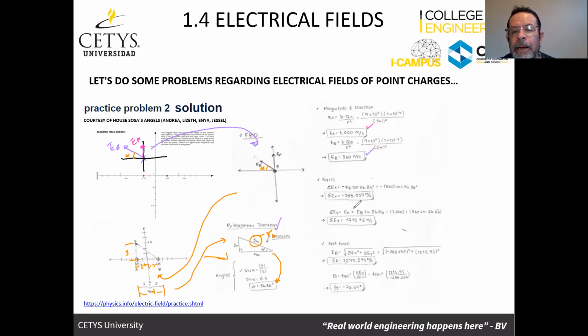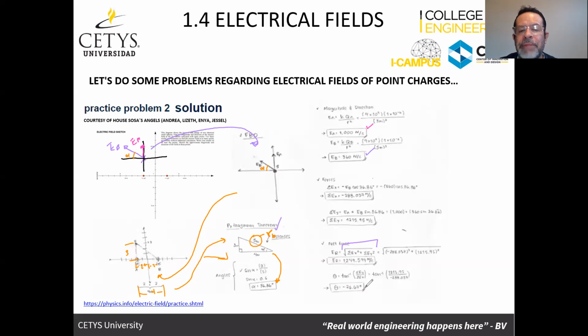For Y, we are going to have the component of EA that's directly aligned and going upward, that's positive, and the component of EB, which is going to be EB times the sine of alpha, and that's also going upward, so both of them are being added. For the resultant, we apply the Pythagoras, and we also find the angle. So it's going to be 1,249.59 newtons per coulomb.